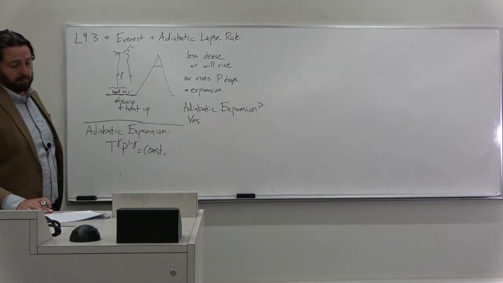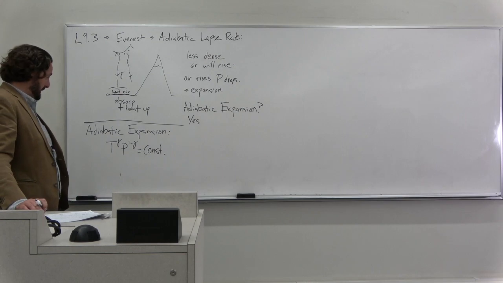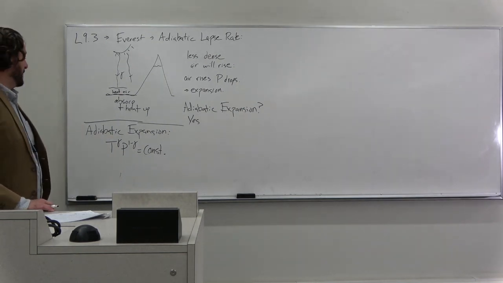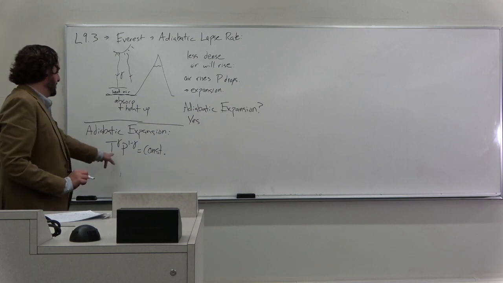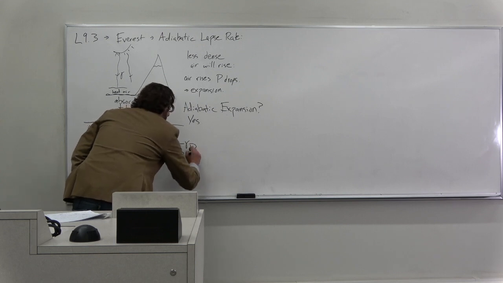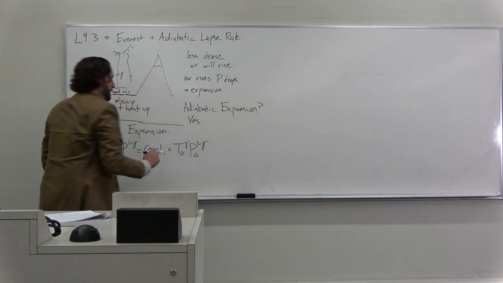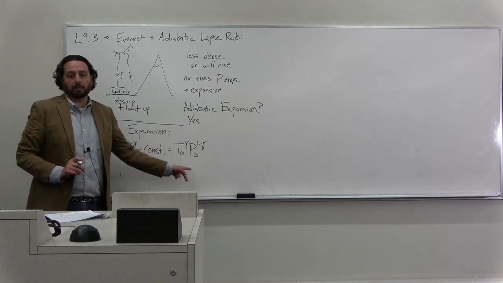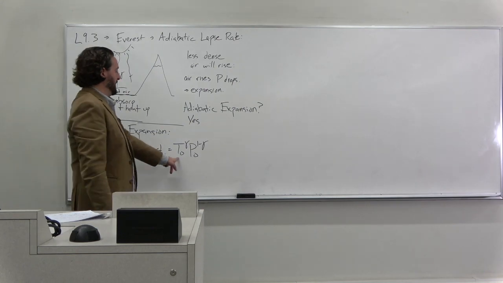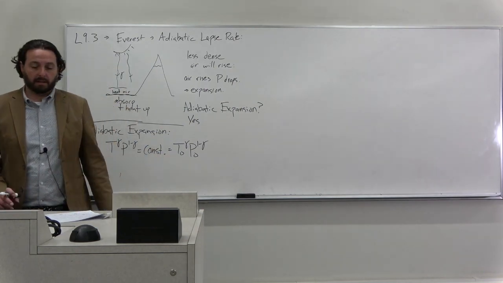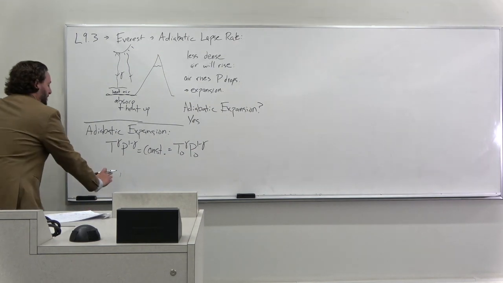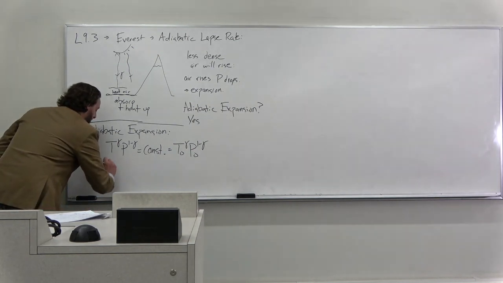T to the gamma, P to the 1 minus gamma equals a constant along an adiabat. We know that constant can be our T0, P0, where our temperature and pressure were at sea level. That's going to be great. We're going to basically assume 300 K and atmospheric pressure at sea level. Okay, so now we just need to know what is gamma for air?